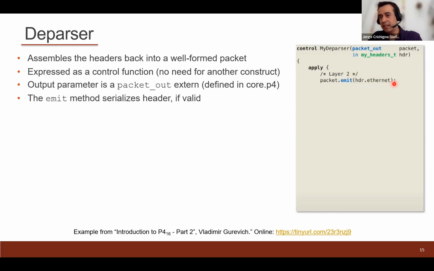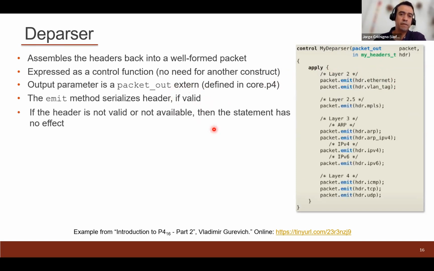And we are just serializing, putting like a bit stream, all the fields of the Ethernet header. Now, notice here that it says if valid. If this header is not valid, the emit will have no effect, so it will be ignored.